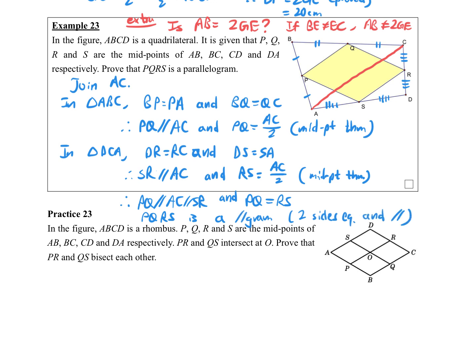So we borrowed the line AC, we compare with AC to get this result. Is that clear? Okay, so you may now work on practice 23.